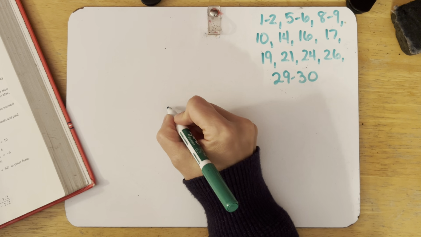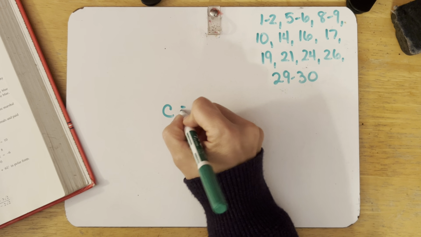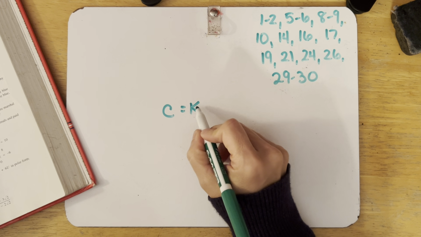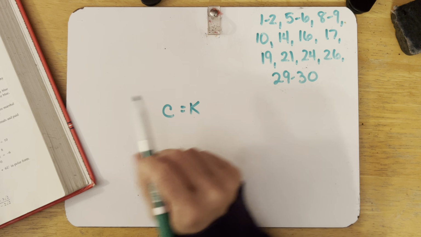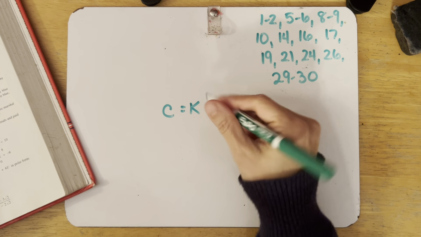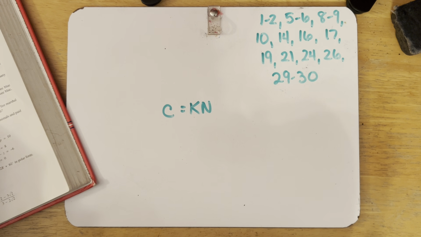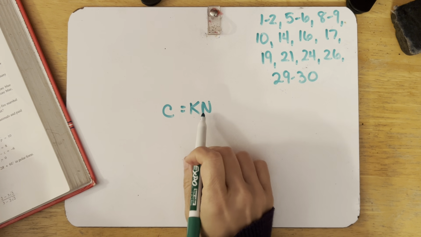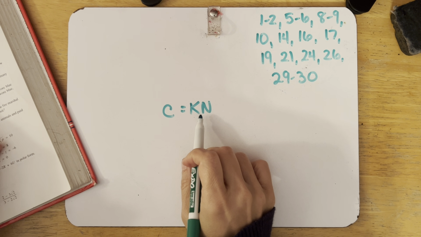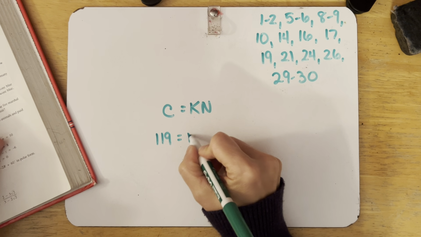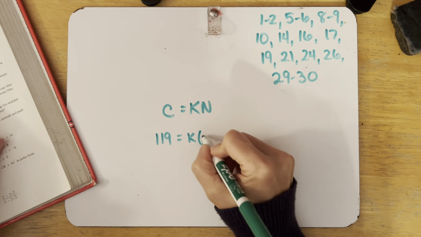So cost equals some variable times the number purchased. It's varies directly, that's why we're doing multiplication and not division. So we have the cost of 119 equals K times 14.